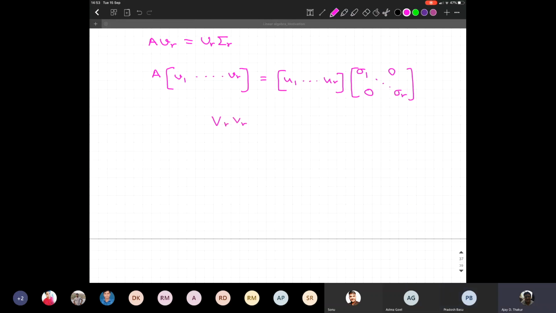And this VR transpose VR, just hold on, equals UR transpose UR equals identity R. At times I'm interchangeably using capital V and small v. That should not be a confusion. We are primarily looking at the individual members.